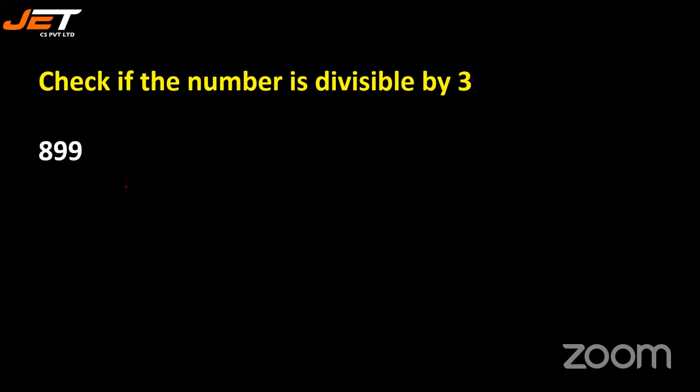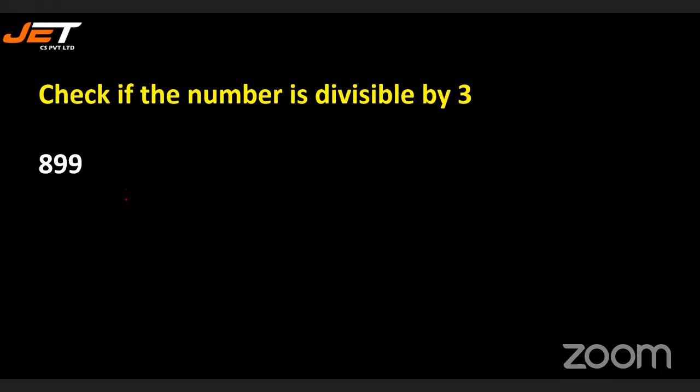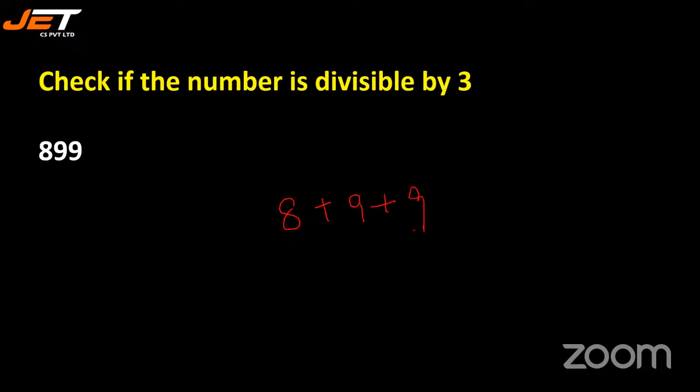899. Come on, check it. 899. Is it divisible by 3? So, here I can see 8 plus 9 plus 9.